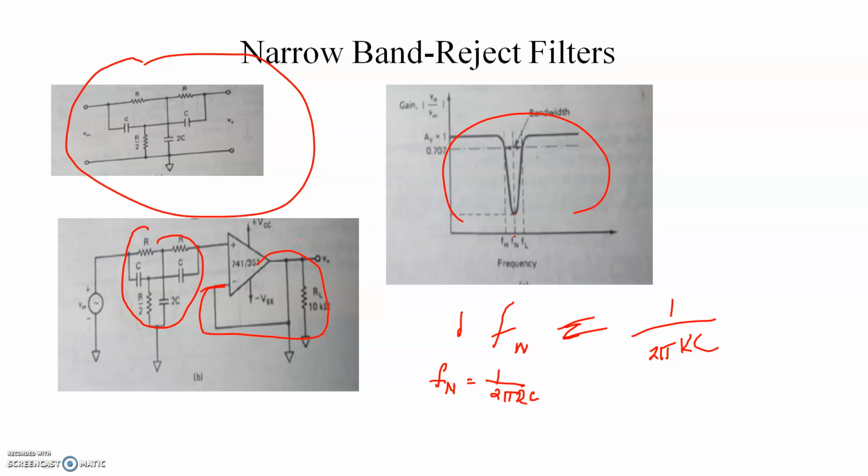In order to design an active notch filter for a specific notch out frequency Fn, we can choose the capacitor value C less than or equal to 1 microfarad and then calculate the required value of resistor R using this expression: Fn equal to 1 by 2 pi RC, so R equal to 1 by 2 pi Fn C. By fixing the notch out frequency and taking capacitance value C less than or equal to 1 microfarad, we can find the resistance value, and by designing such a circuit, we can notch out the particular frequency.